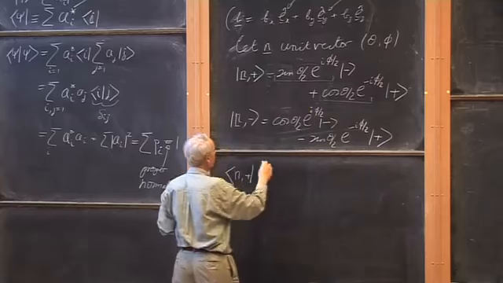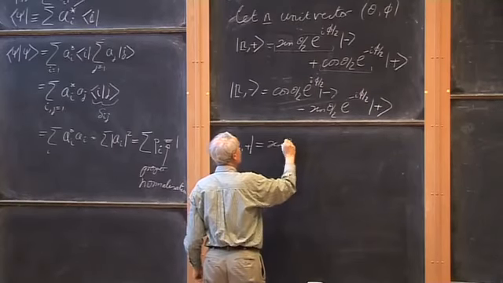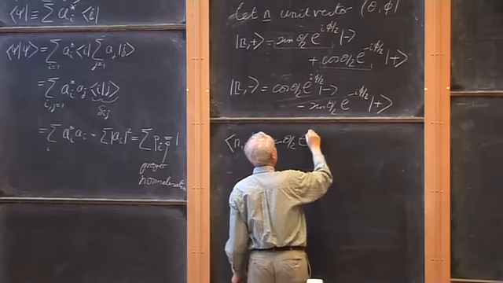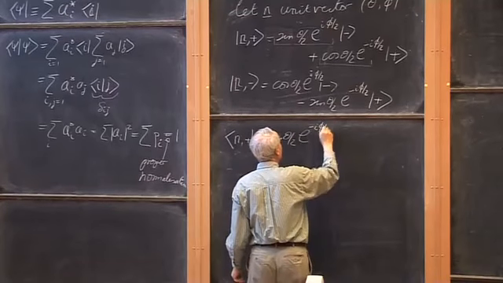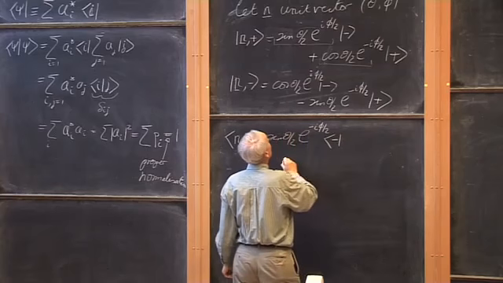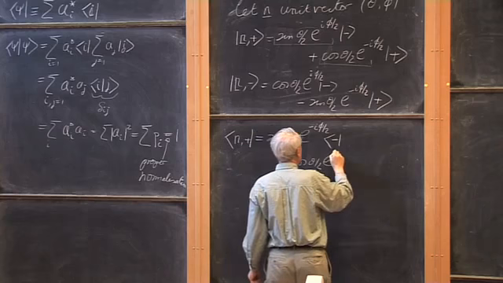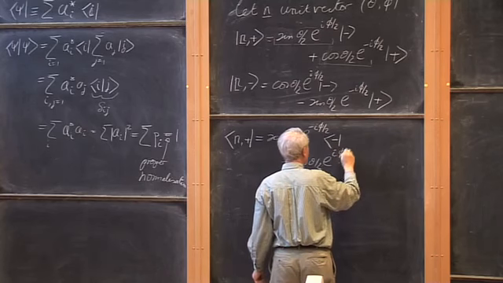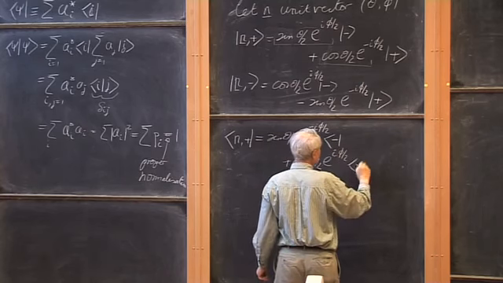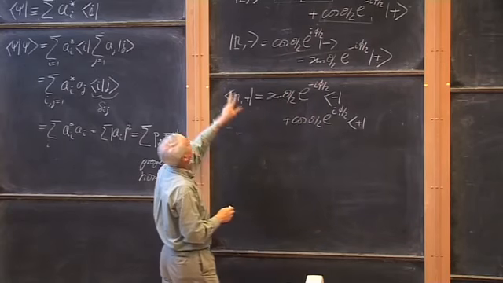That was the rule we agreed on. So this is going to be sine theta over 2 e to the minus i phi over 2 of the bra minus plus cos theta over 2 e to the plus i phi over 2 times the bra plus. So that's the bra that belongs to that.